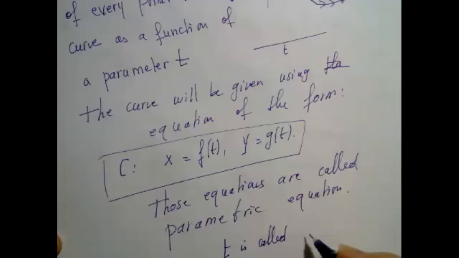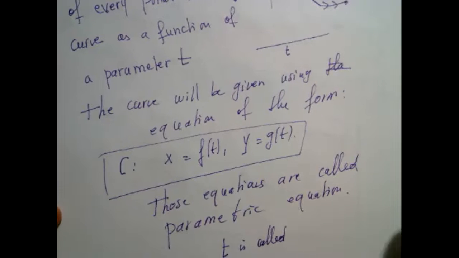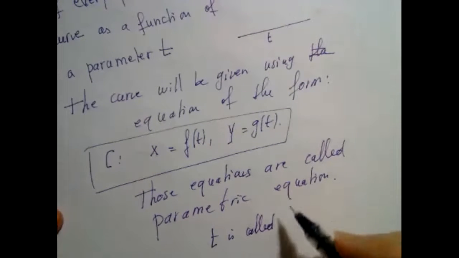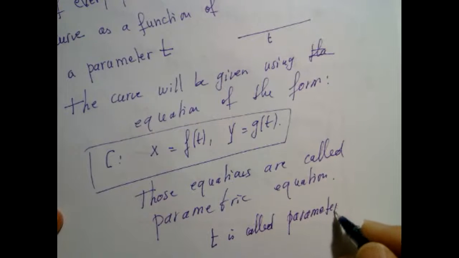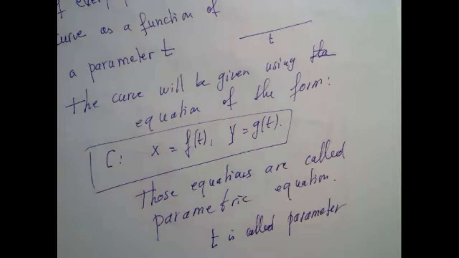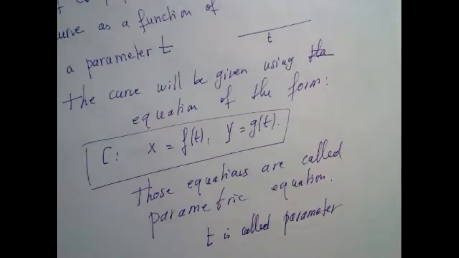Usually, the easy way to think about t is as time, because that will make the concept fairly easy to understand. t is called the parameter. So we're going to do a bunch of examples to explain this idea. Okay, so let's move on. I'm going to do 2 or 3 examples today. So example number 1.